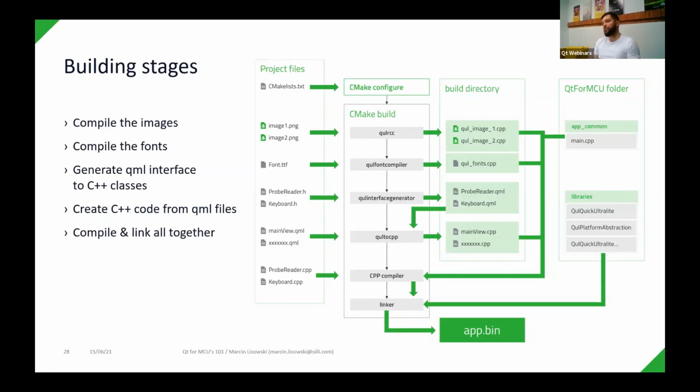So if you are initializing any component like text, your custom component, or, I don't know, a rectangle, it will be converted to the C++ rectangle class, your C++ button class, and so on, and all of those things will be put into C++ files, which are the next artifacts of our whole compilation process.